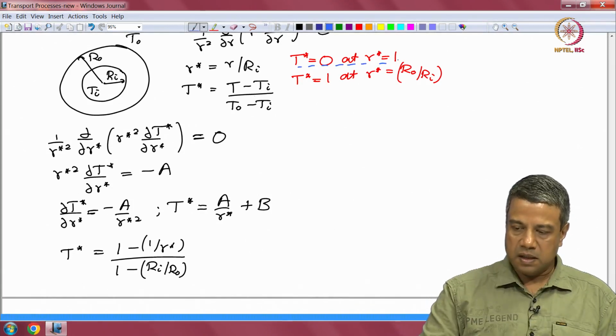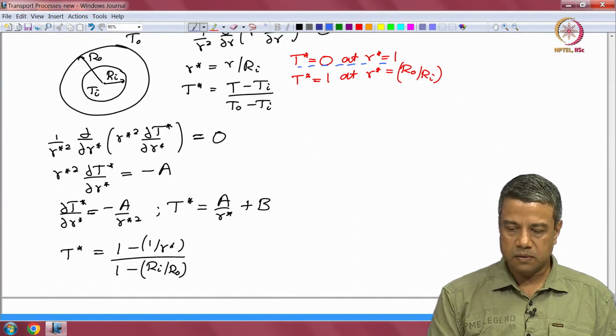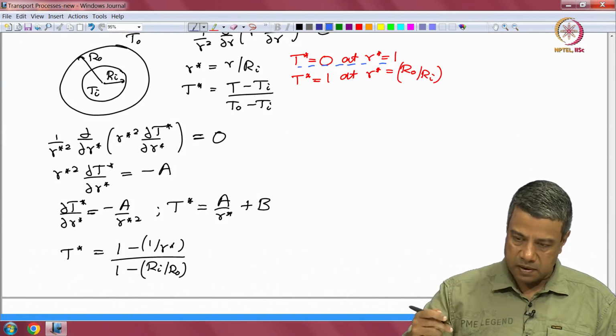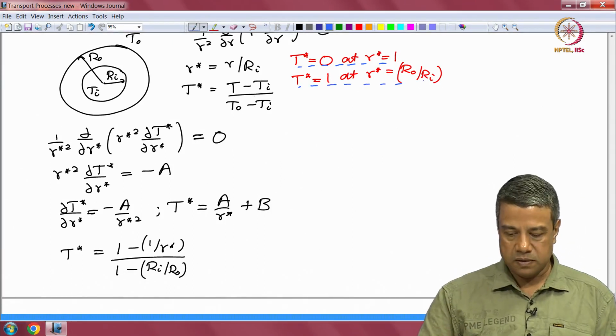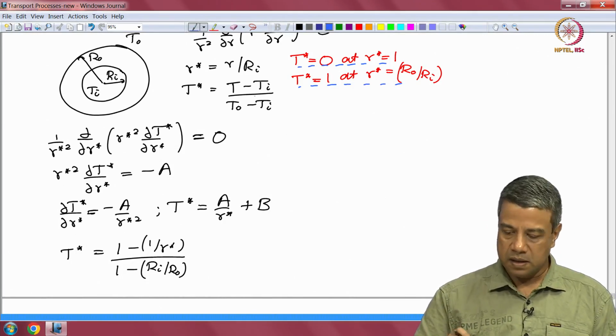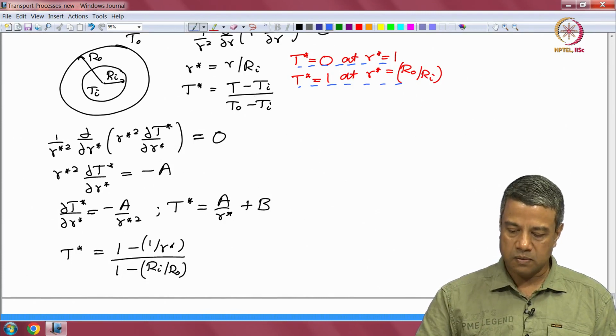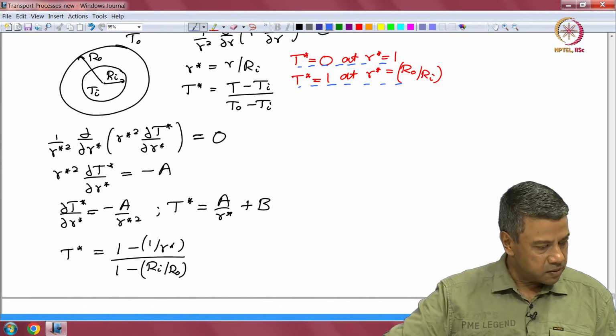At r star is equal to r O by r I, this is equal to 1, so it satisfies this boundary condition. At r star is equal to 1, the numerator is 0. At r star is equal to r O by r I, the numerator is equal to 1 minus r I by r O, and so is the denominator. So, T star is equal to 1.